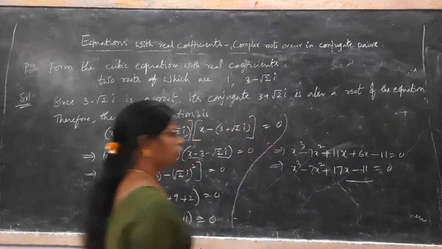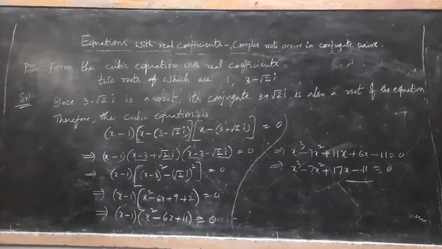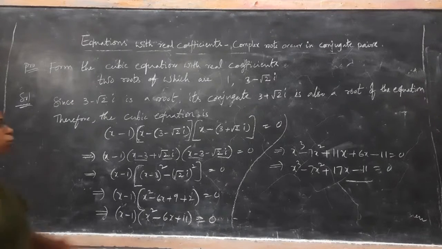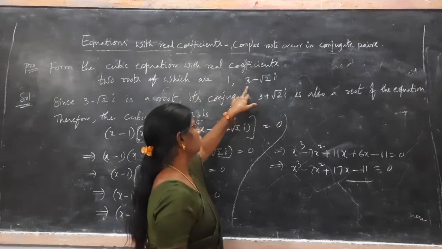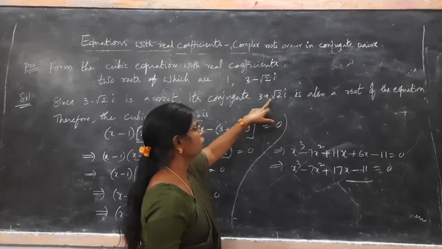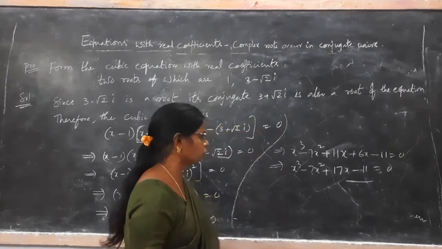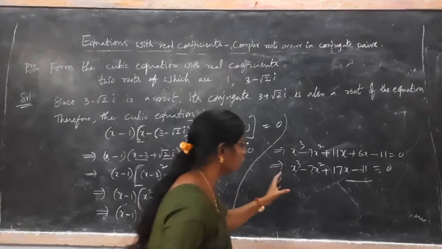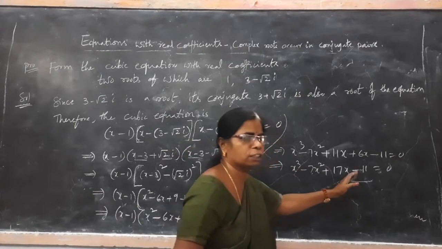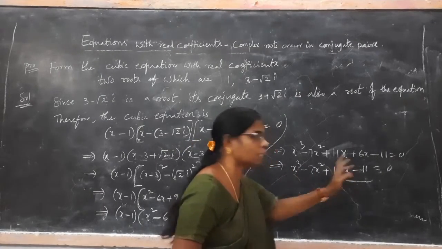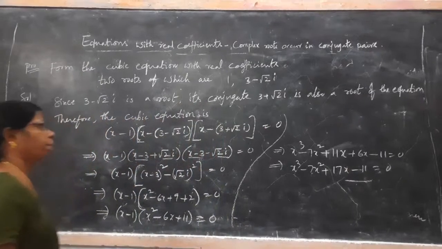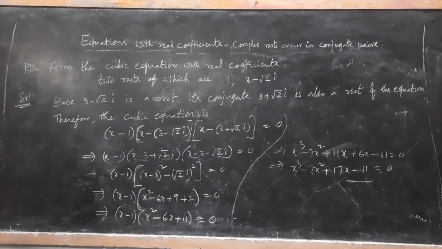This is the cubic equation whose roots are 1, 3 minus root 2i and 3 plus root 2i. Okay. So now we found the cubic equation with real coefficients. See, all coefficients are real numbers. Okay. This is very simple.